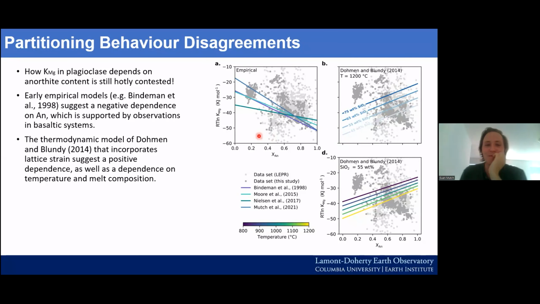This was really confusing as a PhD student. It was like, which model do we use? Because this has a really important implication for the diffusion timescales we obtain, as well as for interpreting what diffusion profiles in plagioclase actually mean. Are things close to equilibrium, or far from equilibrium? So this conflict really needs to be resolved.